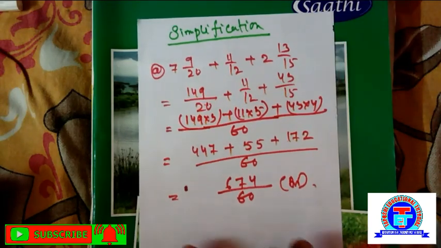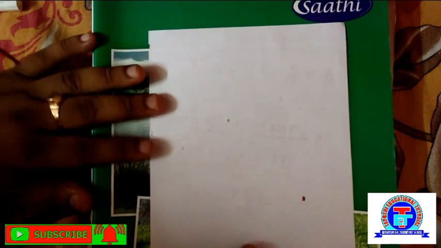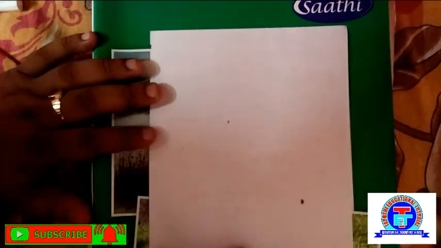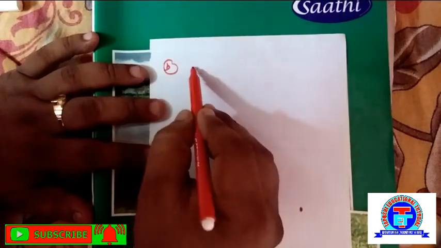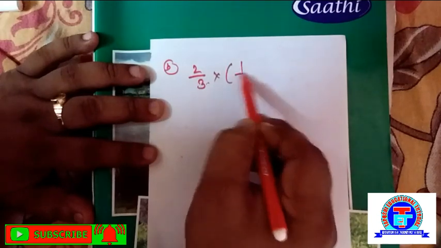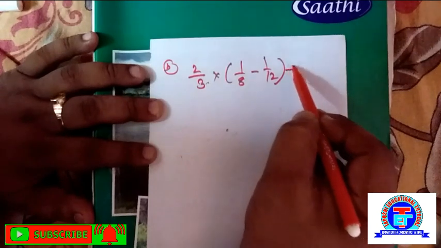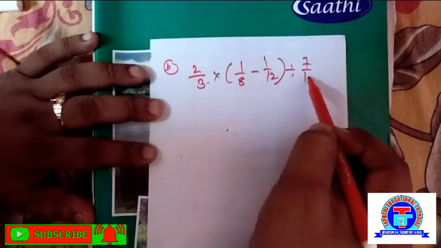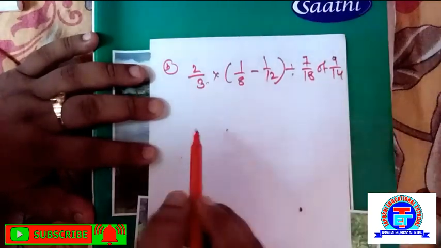I hope student you clearly understand. Now we do another simplification of the given problem, right? So here we write the problem, number B: 2 by 3 into 1 by 8 minus 1 by 12 divided by 7 by 18 of 9 by 14, right?